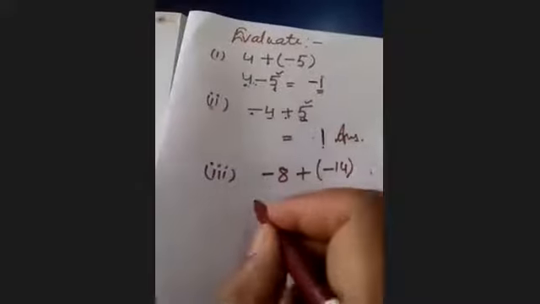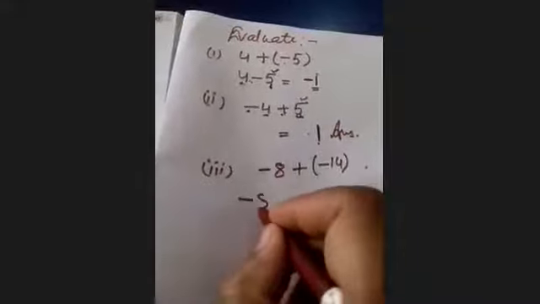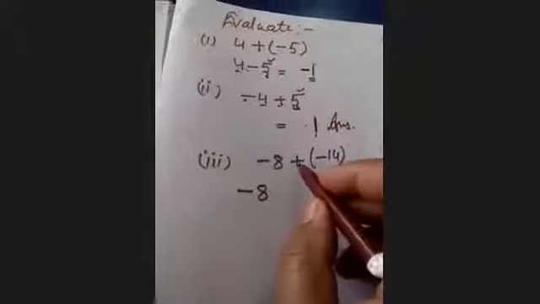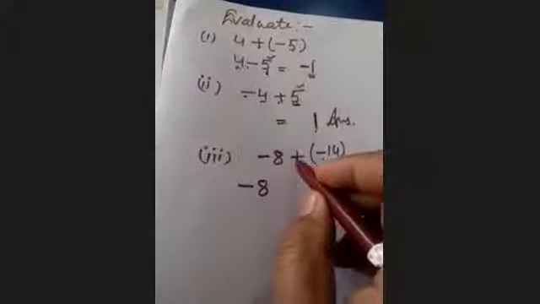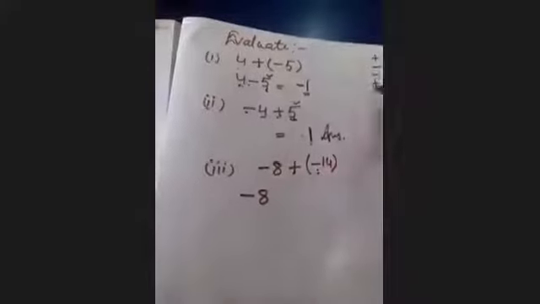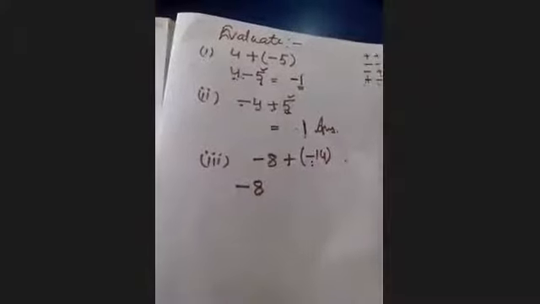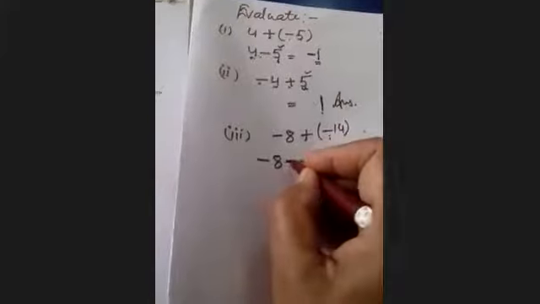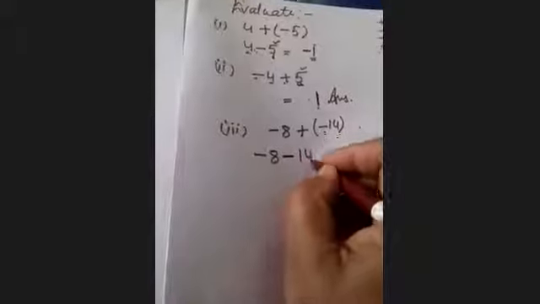Now, first write -8 as it is. Then the signs are plus minus, which is minus. So write here -14.